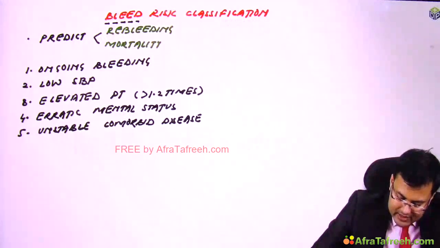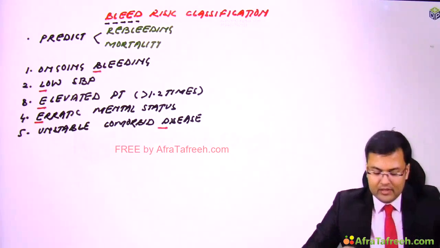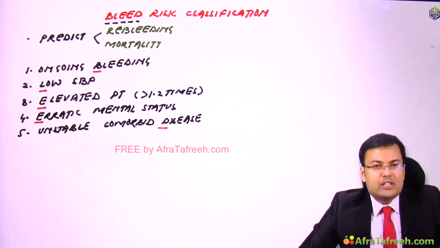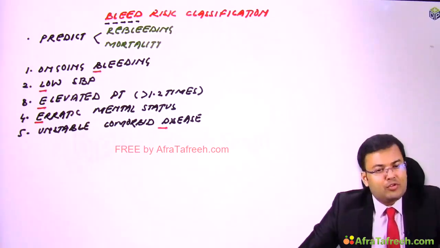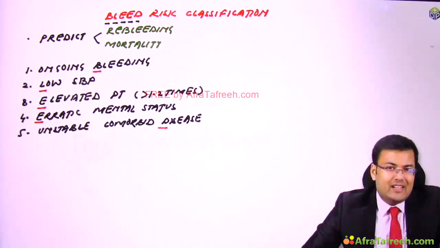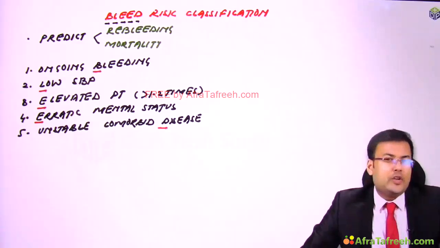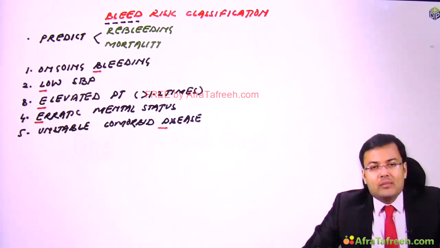You can see this is BLEED. Ongoing bleeding, low systolic blood pressure, elevated prothrombin time more than 1.2 times the control value, erratic mental status, unstable comorbid disease. So in exam, these 3 are commonly asked. One is Rockall-Baylor, second is Blatchford score, and third is bleed risk classification.